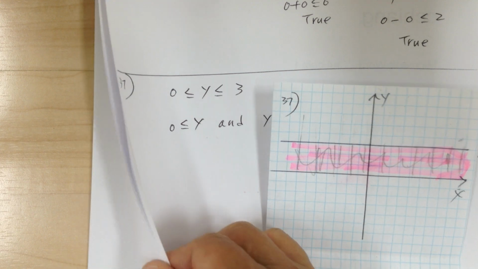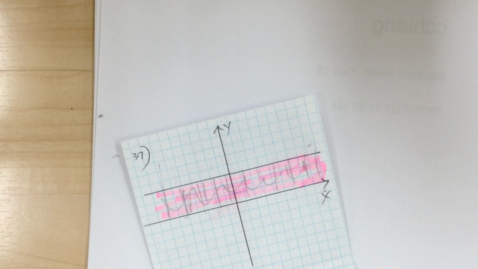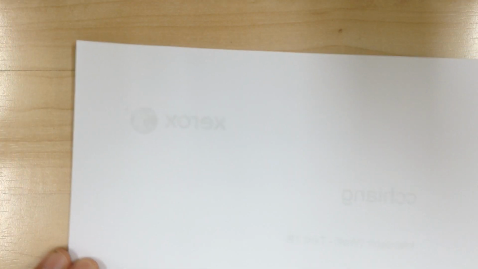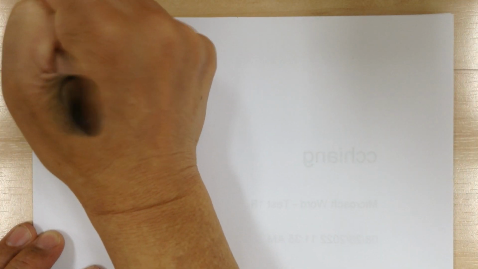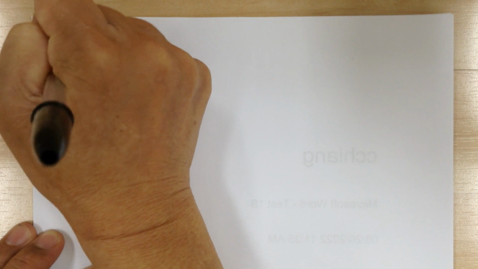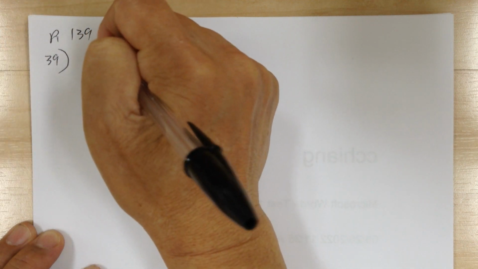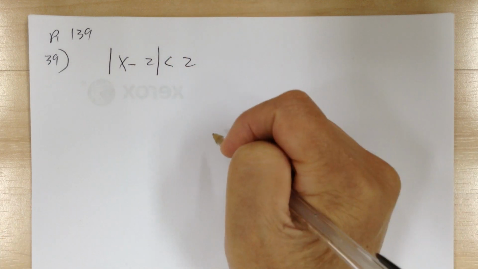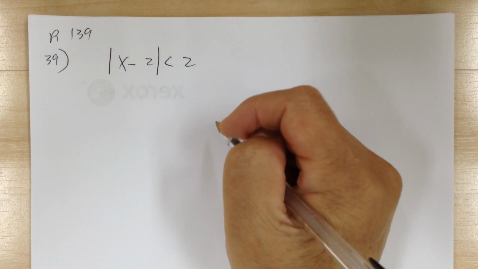Let's go to number 39. We have the absolute value of x minus 2 is less than 2. Again, this one you can separate.